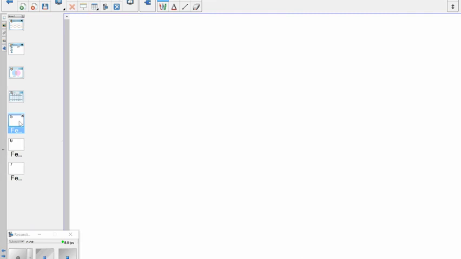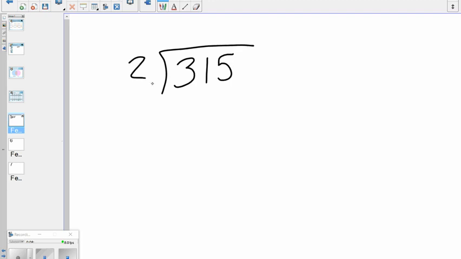Now, I want you to think, I'm going to give you a number and tell me if the divisor is going to go in evenly or not. So let's take, let's say 315 and divide it by, let's say 2.